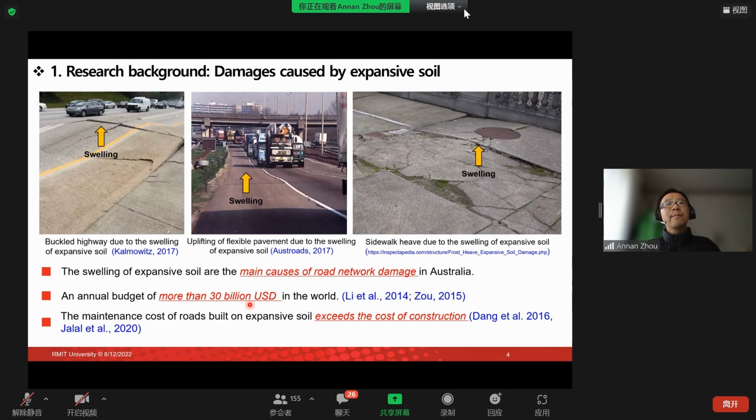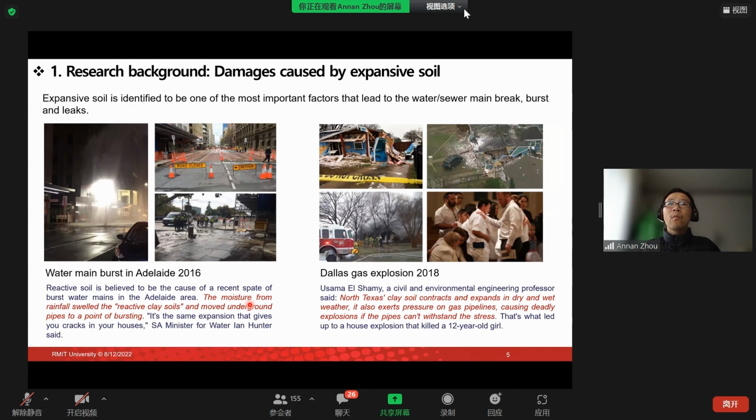Two recent examples are presented here. One is the water main burst in Adelaide in 2016, and the other is the gas explosion in Dallas in 2018. The forensic reports for these two cases both identify expansive soil, or let's say reactive soil, as the key cause of the accidents.